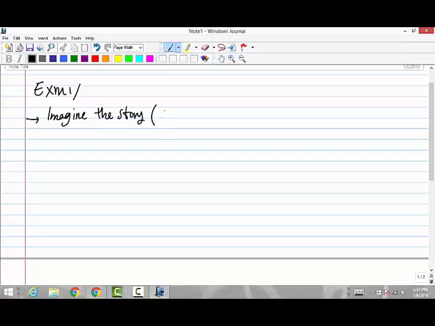This story can be a force, a pressure, or a movement. What do I mean by a movement? Let's say we have a piston cylinder device, and it says that the piston is moving downward. So if we keep this in mind, we know that the volume is shrinking, right?